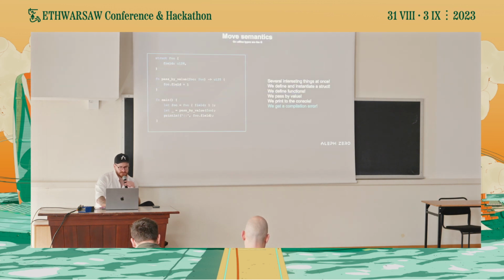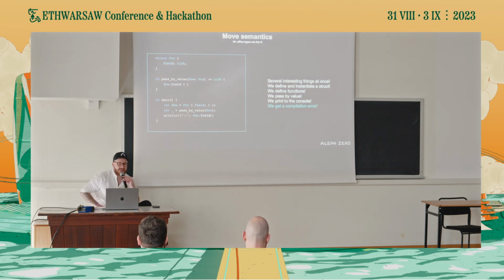Now, let's look at this example. I have a struct with just one field, some number. And now I have this function that takes an instance of this Foo struct by value, and tries doing something like returning the struct's field incremented by 1.